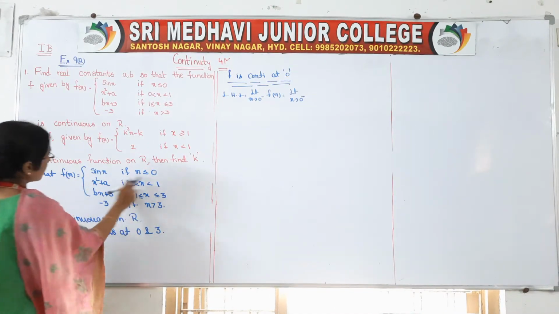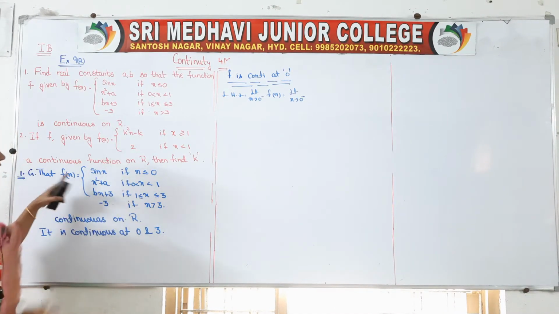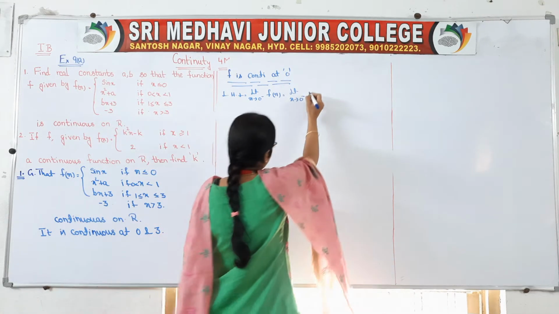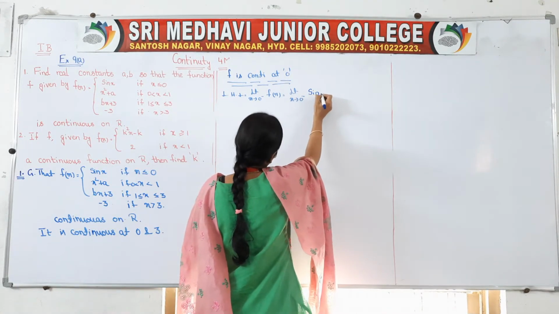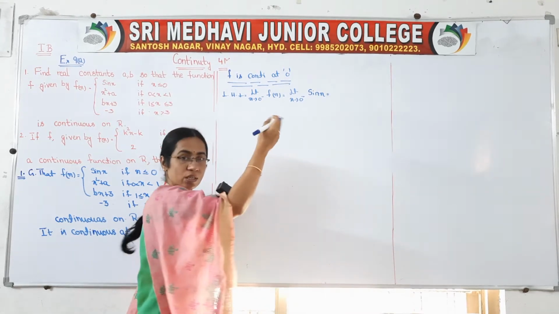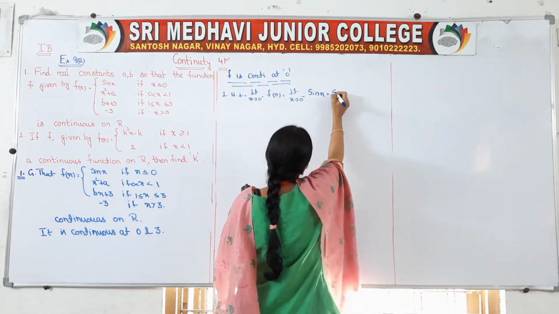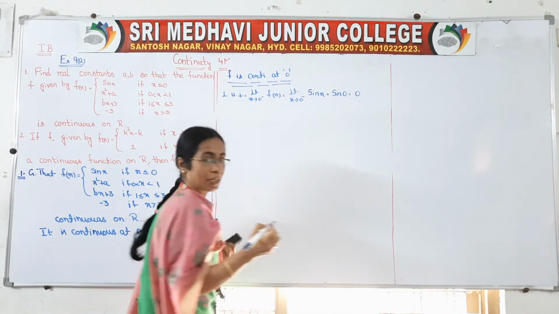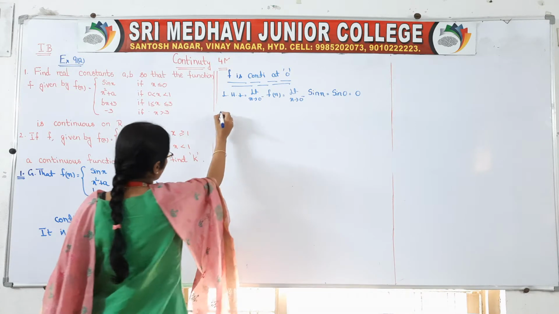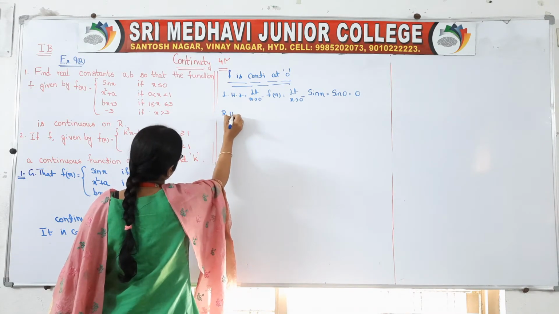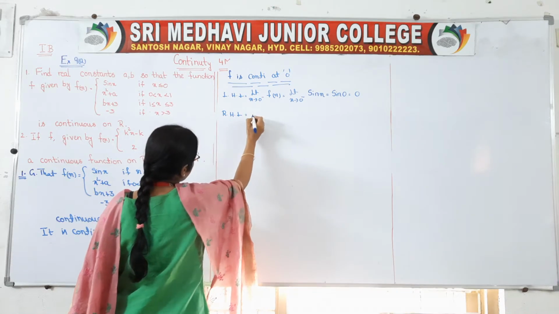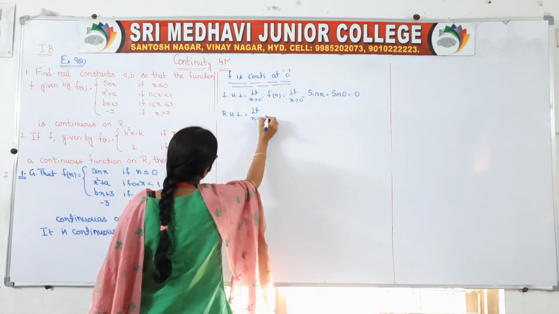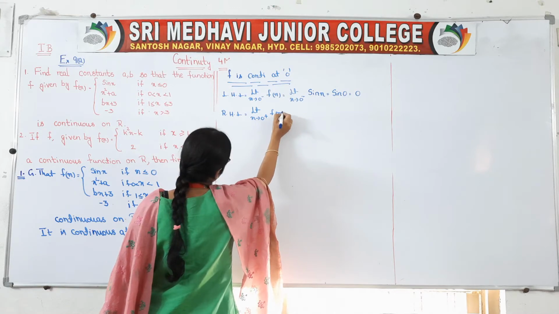If x is less than 0, the function is defined by sin x, right? So in x place you substitute your limit value, that is sin 0. Sin 0 value is 0. Okay, next you take your right hand limit. So right hand limit is equal to limit x tends to 0 plus f of x.